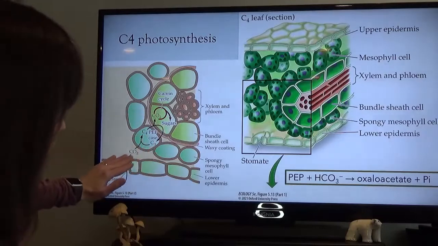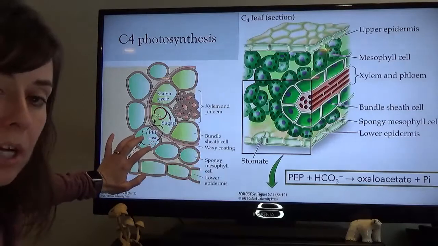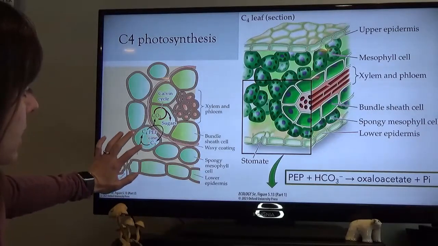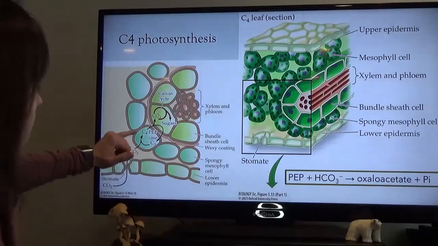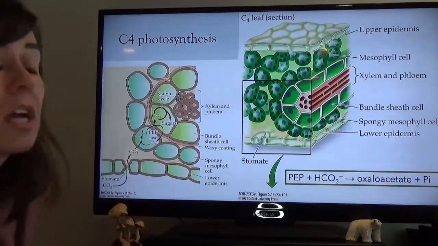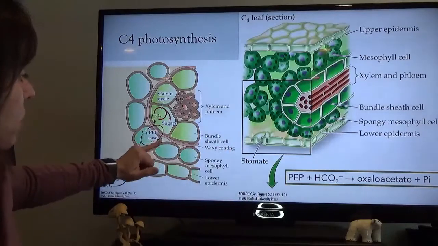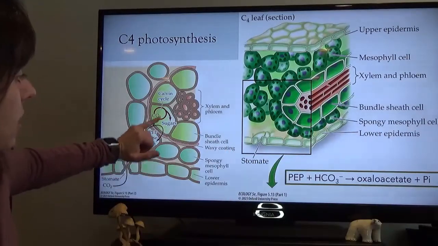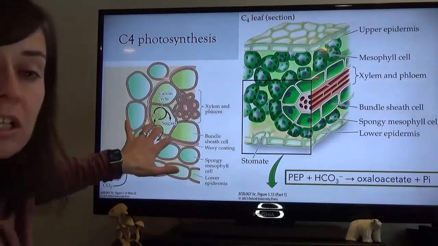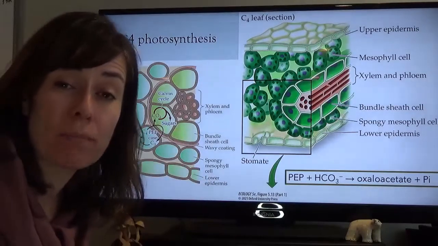To walk through that again, CO2 is taken up in the spongy mesophyll, where PEP carboxylase adds that CO2 onto phosphoenolpyruvate to produce oxaloacetate. That C4 compound is passed to the bundle sheath cells, where it is broken into carbon dioxide and phosphoenolpyruvate. The phosphoenolpyruvate cycles back to the spongy mesophyll cells, and the CO2 is put into the bundle sheath cells.